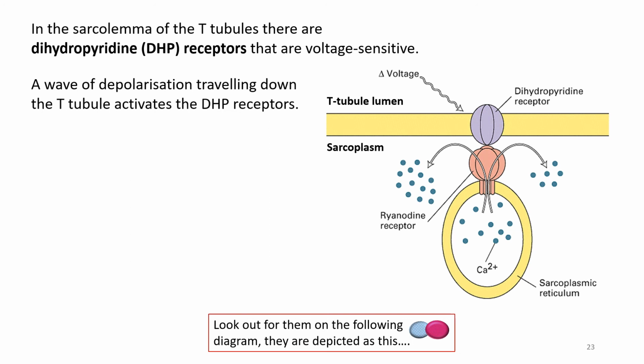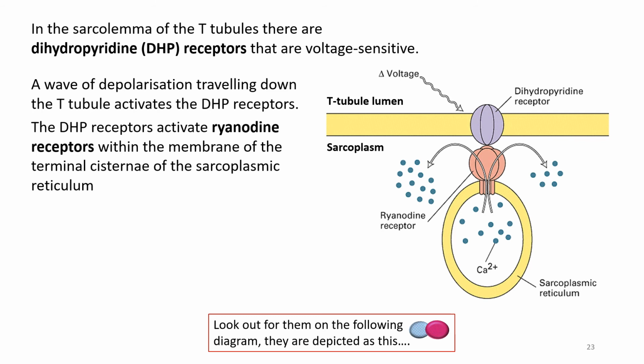So a wave of depolarization travels down the T tubule. Remember, depolarization, this is voltage, activates our voltage-sensitive DHP receptors. The DHP receptors then activate ryanodine receptors. It's a bit of a misnomer calling them receptors, I always think. These are within the membrane of the terminal cisternae, those pockets of sarcoplasmic reticulum.